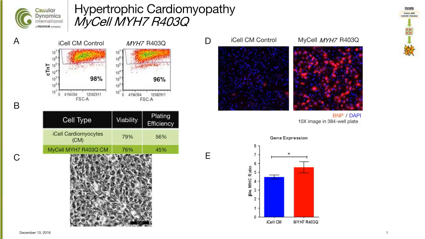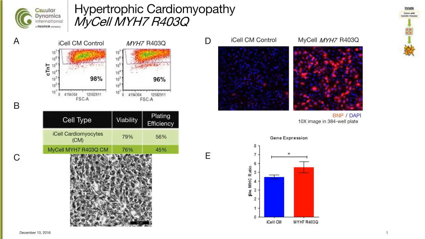In panel A, I'm showing the control iCell cardiomyocytes expressing greater than 95% cardiac troponin T. And we also have the disease cells that are comparable. These cells also have comparable viability as the control cells, as well as plating efficiency. In panel C, I'm showing a representative bright field image of the cells, just to give you an idea of what they look like in culture.